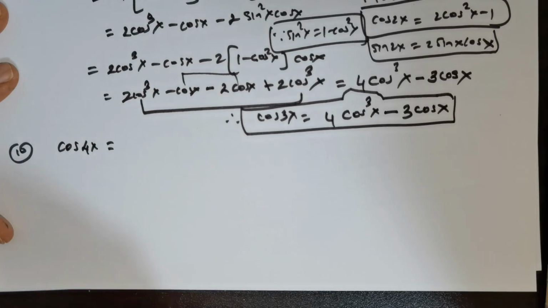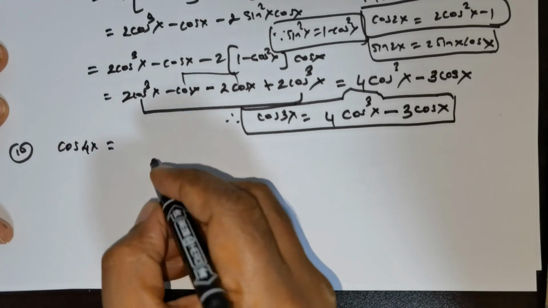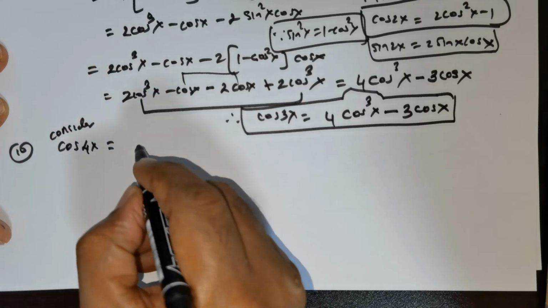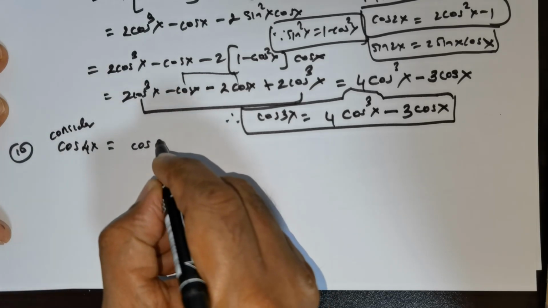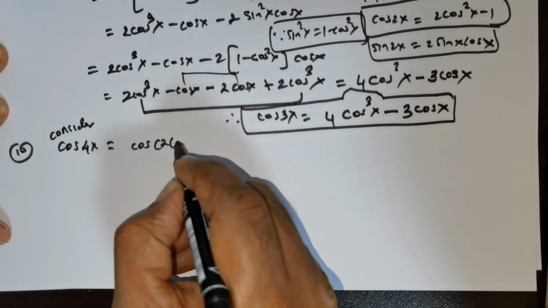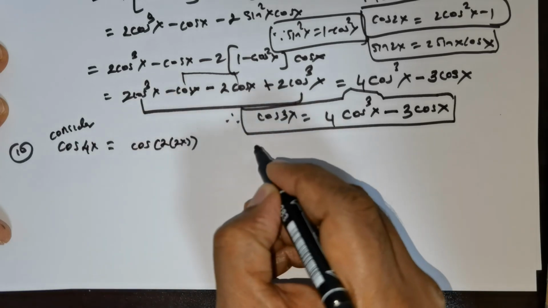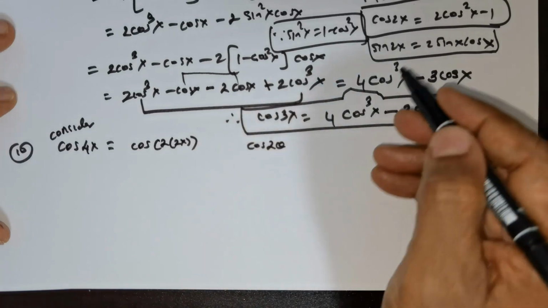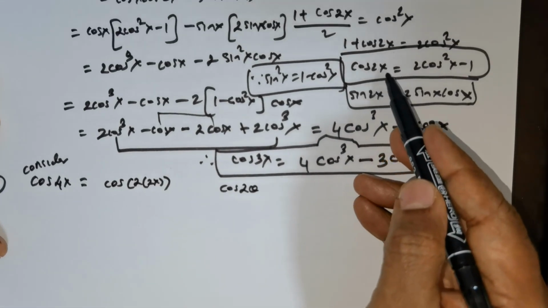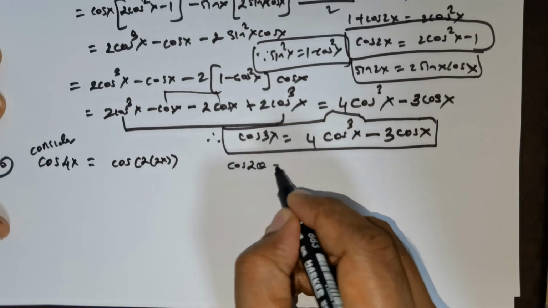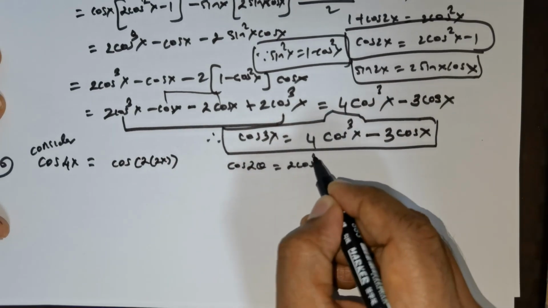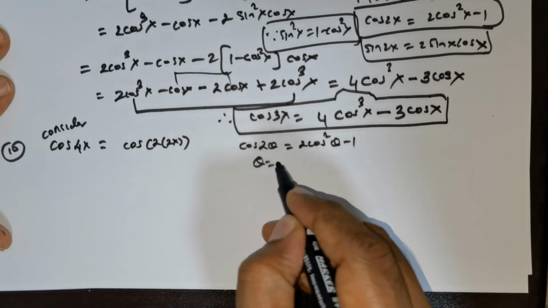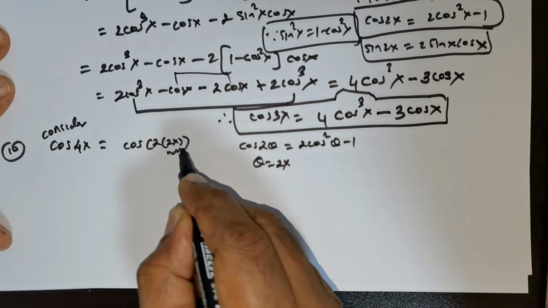Now we got question number 4, cos 4x. Now what I wish to do, as usual, I'll start off with the word consider. Then I'll rewrite cos 4x as cos of 2 times 2x. Now this is similar to cos 2 theta. I have given you the formula that cos 2x is 2 times cos squared x minus 1. So cos 2 theta is 2 times cos squared theta minus 1. So in place of theta I have 2x.